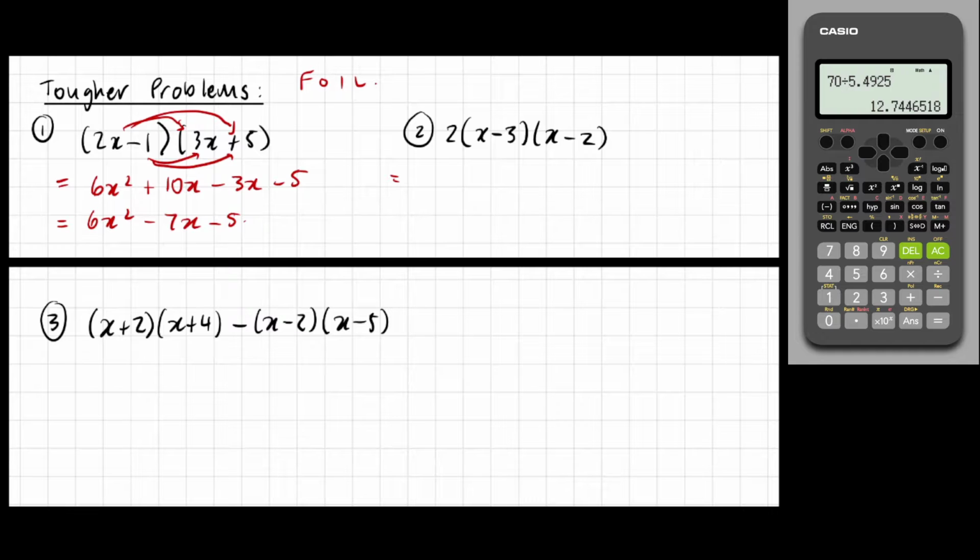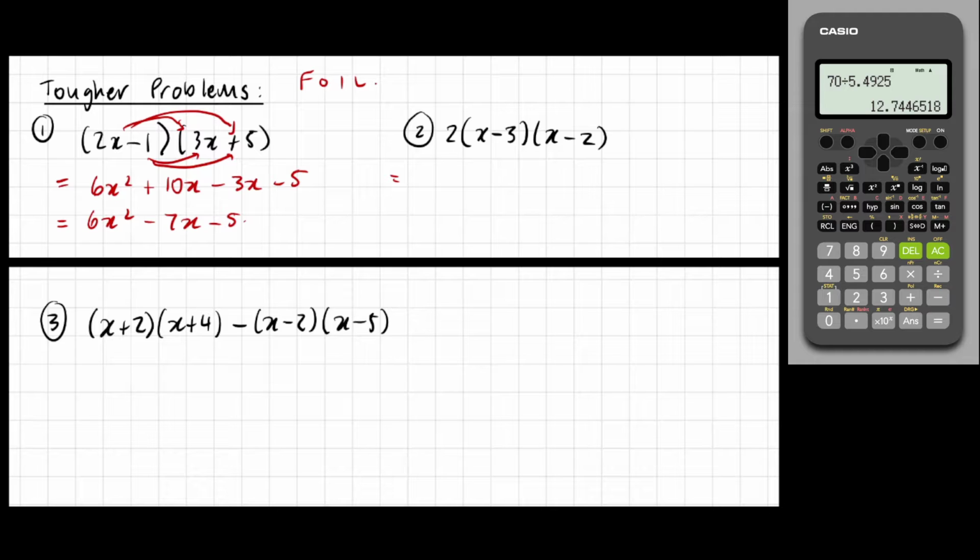So the first thing you might think is, how do we actually tackle this one? Now, there's two ways you could do it. You could start off by multiplying the first one by 2. But we're going to start off by tackling the brackets first, because if you think of BODMAS, you need to expand the brackets using the distributive law, and then you multiply everything through by 2. I'm not 100% sure if it makes a difference or not, but we typically start off by using the distributive law.